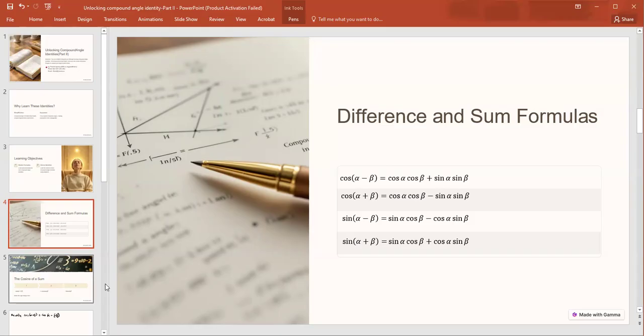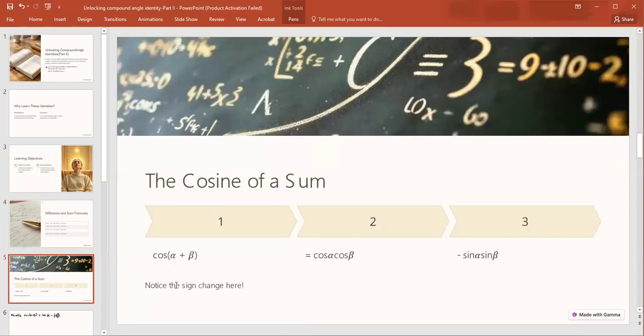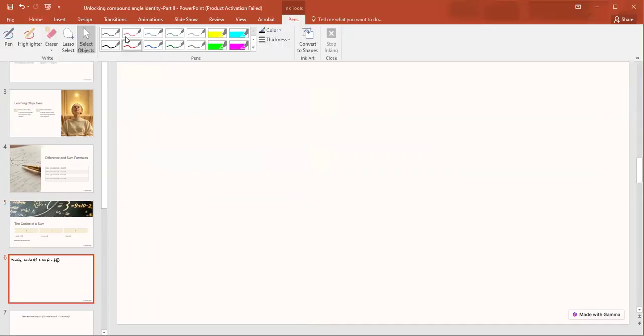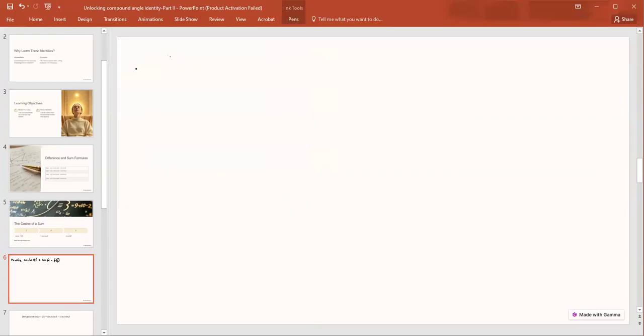Let's dive into the derivation of the identity, which states that cosine of alpha plus beta is equal to cosine of alpha times cosine of beta minus sine of alpha times sine of beta. So how do we derive this? The first step consists of rewriting this identity, as you can see here.